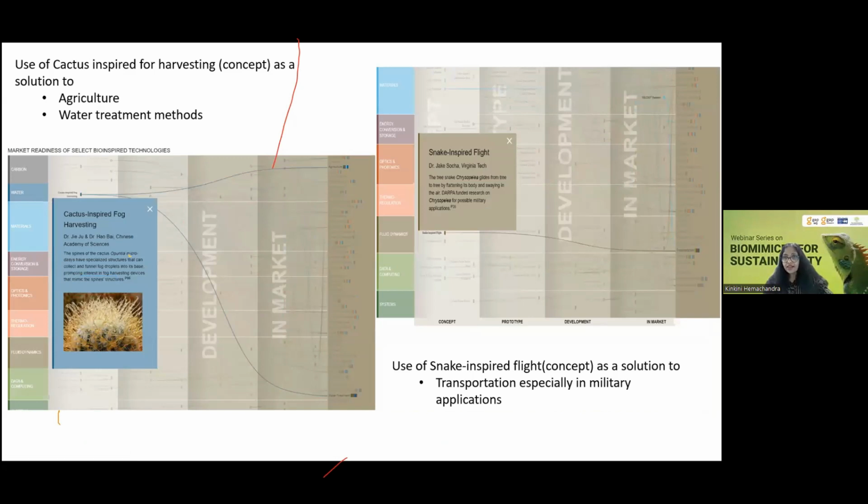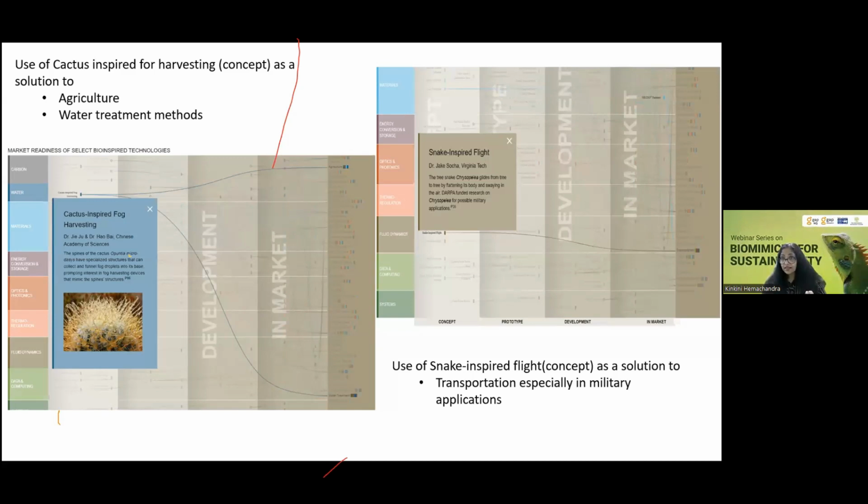From that diagram, I just took a couple of examples. For example, the cactus, a plant which grows in harsh, dry environments. They look at how the cactus plant survives, and they are trying to incorporate this knowledge into agriculture and also water treatment methods.